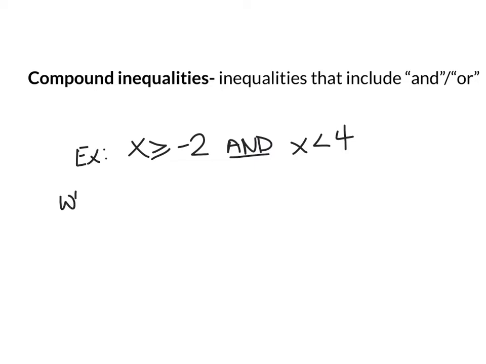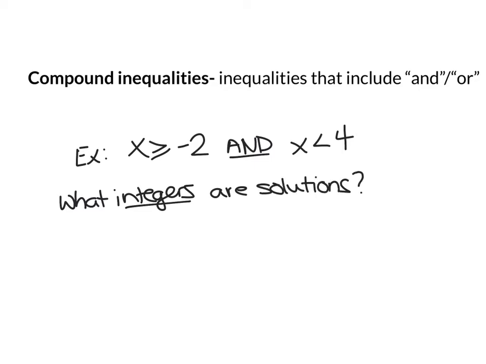So if we think about what integers are solution integers, meaning we're going to use whole numbers, positive or negative. If we think about what integers are solutions here, we can have -2 because it says x is greater than or equal to -2.